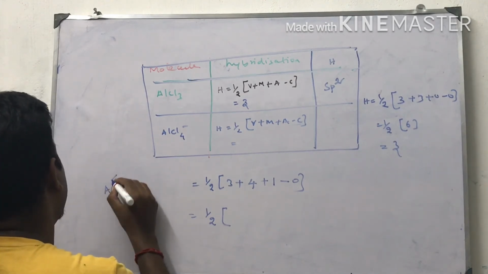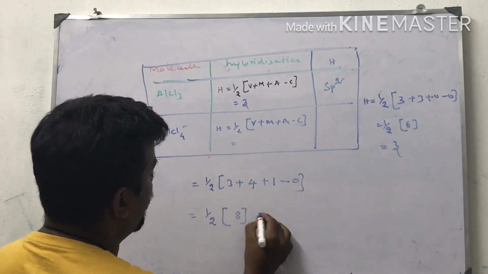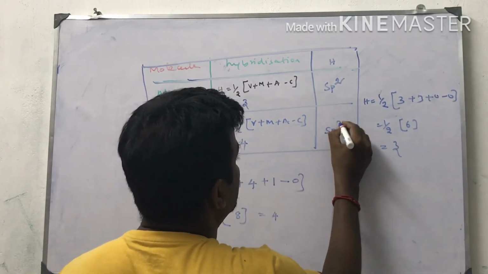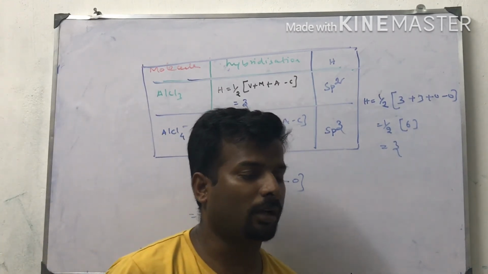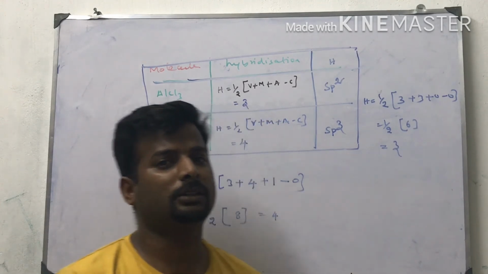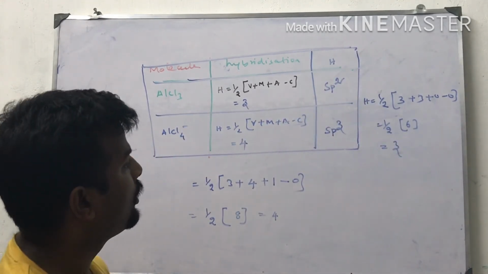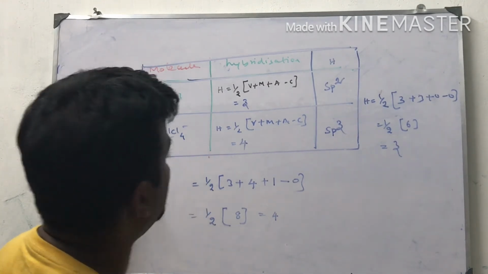Aluminum is surrounded by 4 chlorines, so 7 plus 1 is 8. Half into 8 is equal to 4. Therefore the hybridization is sp3. During the reaction, aluminum trichloride reacts with chloride to form aluminum tetrachloride. In this reaction, aluminum trichloride is sp2 hybridized and aluminum tetrachloride is sp3 hybridized. This is the answer for the question.